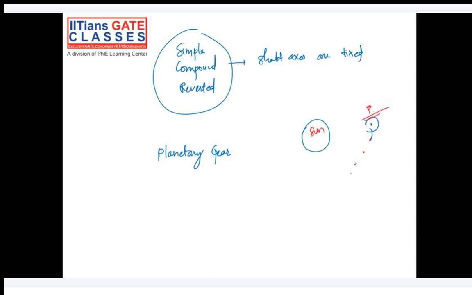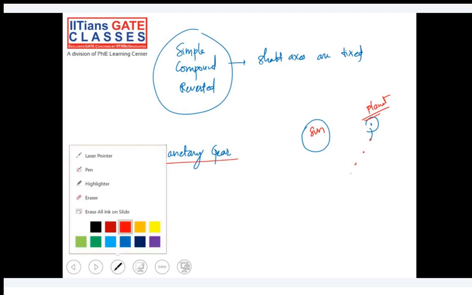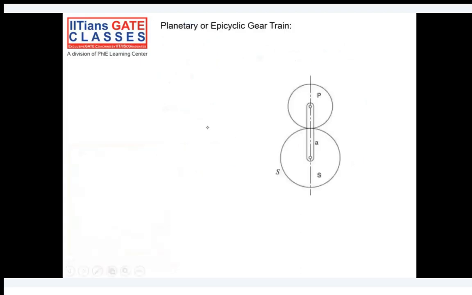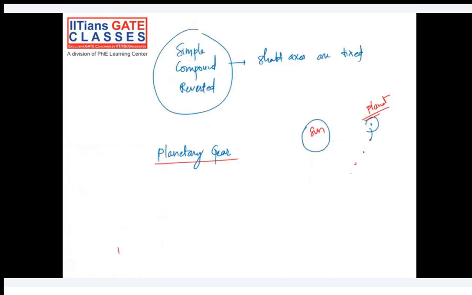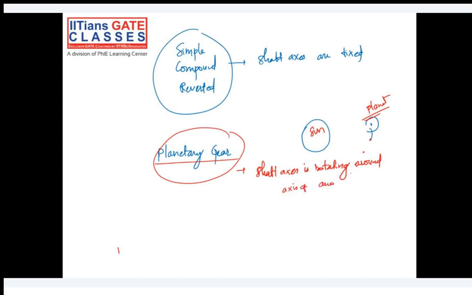So a planetary gear train, you can say, is a gear train in which the axis of a gear is not fixed. The shaft axis is rotating around the axis of another gear, and then we call it a planetary gear.